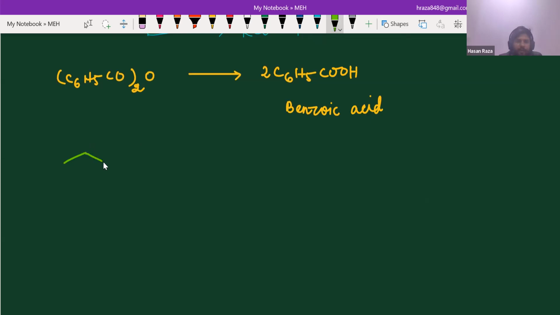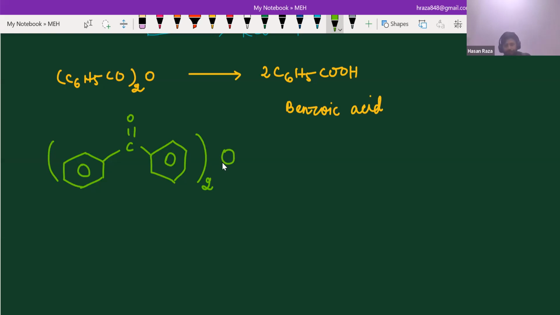The structure is like this. This is your benzene, then it comes C double bond O, and then it comes like this, and this is basically folded twice. So in this way, carboxylic acid will be formed, 2 moles, C double bond O, OH.